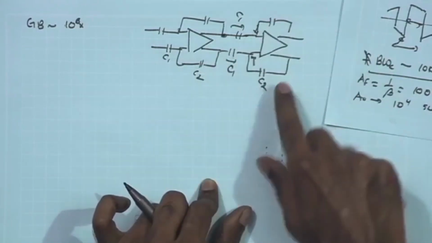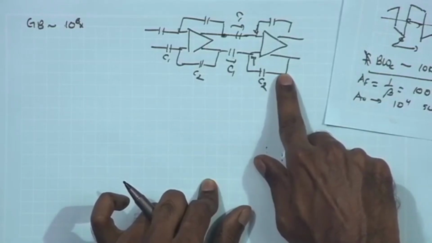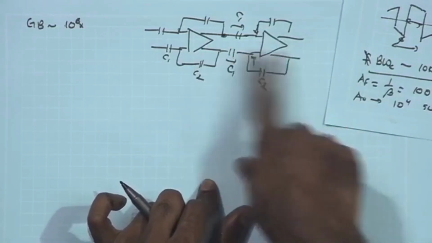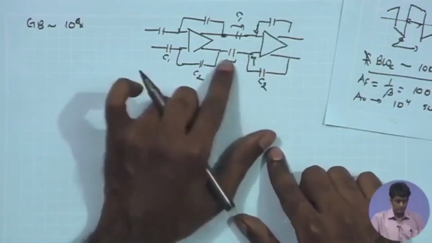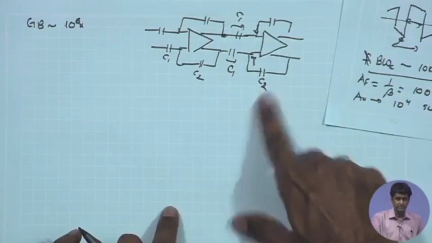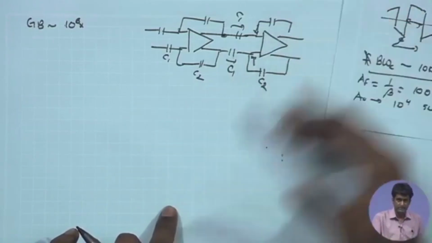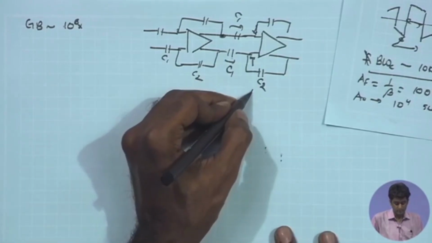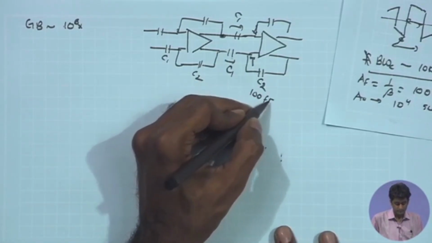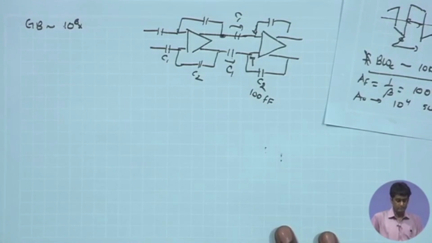If you make C2 too small and it becomes comparable to the parasitic capacitances of the amplifier, then the gain is less precisely defined. So I would like to keep C2 at least a few times, maybe 10 times larger than the parasitic capacitance value, and we saw that maybe 100 femtofarad is a good value for C2.